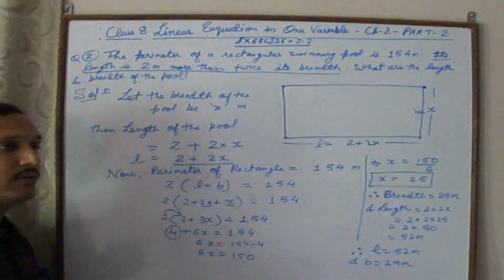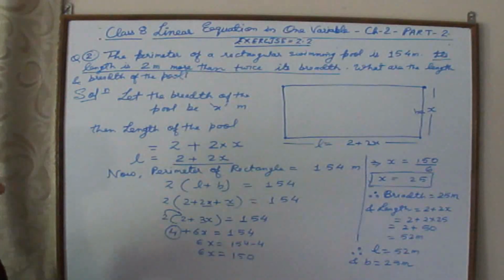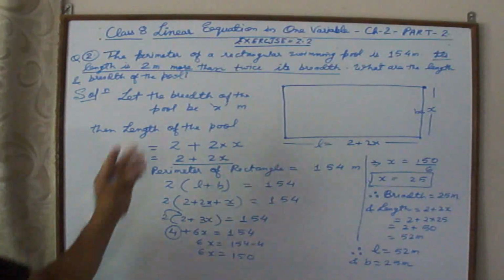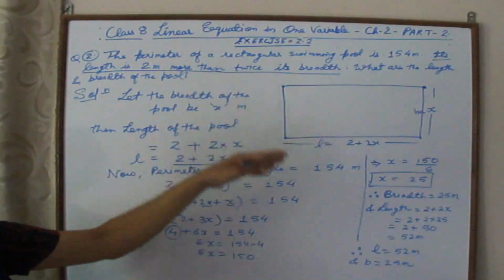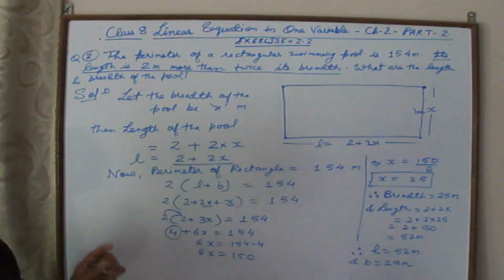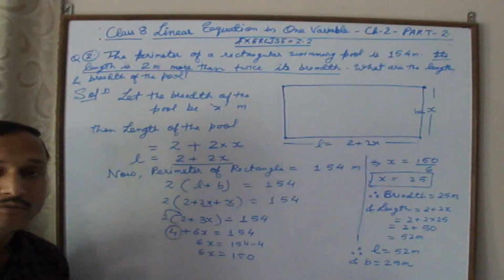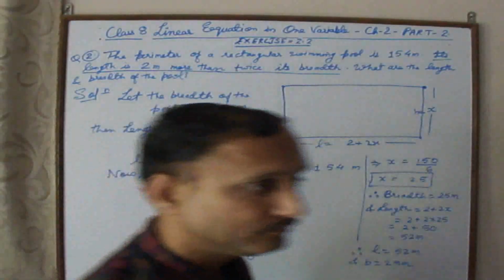You can check also, and you will find that our answer is correct. In this way we can transform a word problem into an equation. It's very important that we learn to transform. If you don't know how, read the question many times until you are able to convert it into an equation.